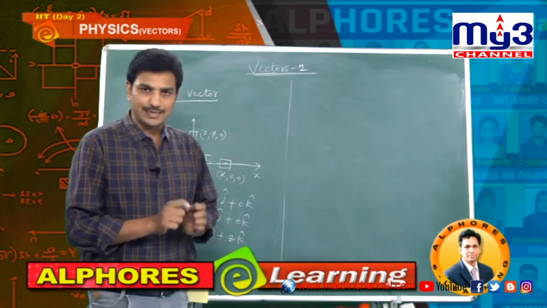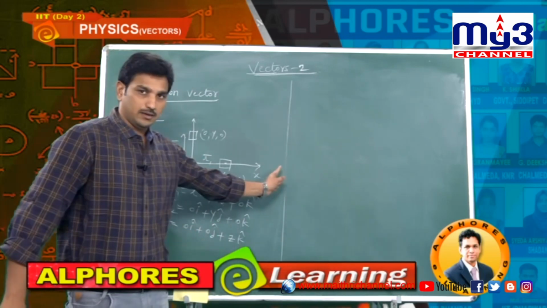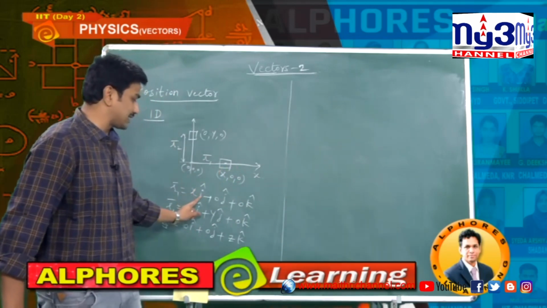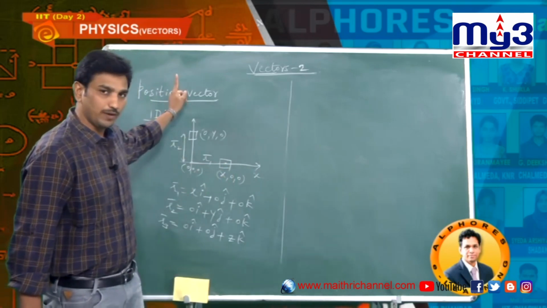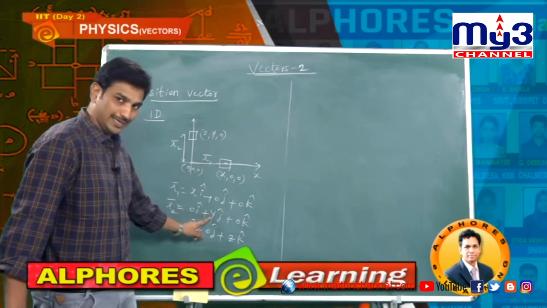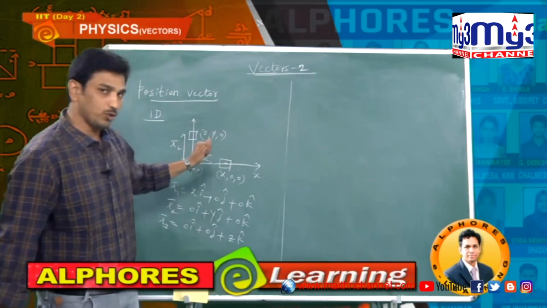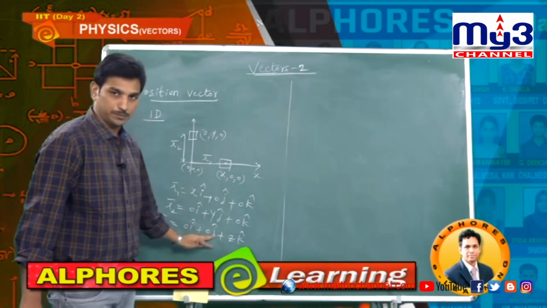Here the particle moves only along the x direction, so the position vector is only x i cap. If the particle moves only along the y axis, only the y component is there. If it moves along the z direction, it has only the z component, the remaining two are 0.